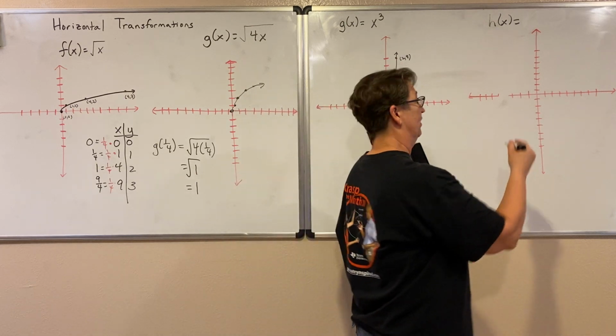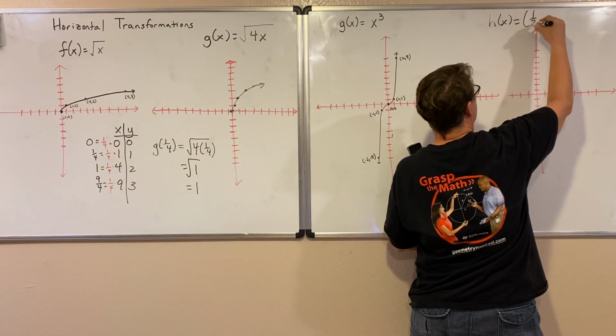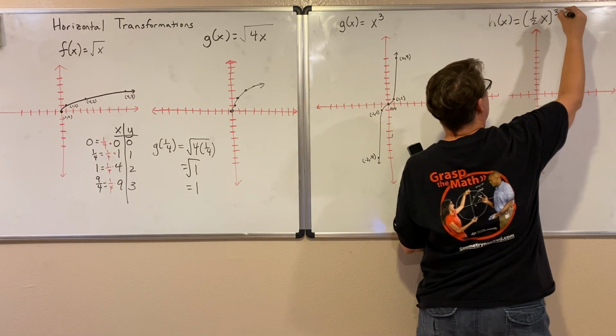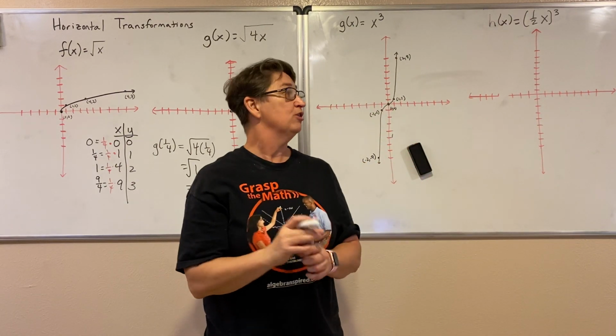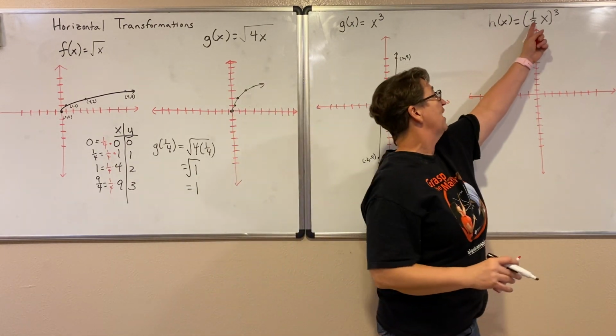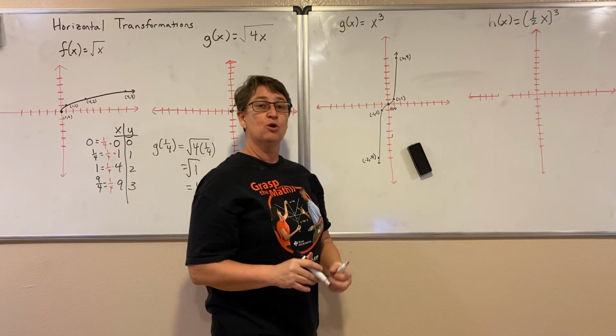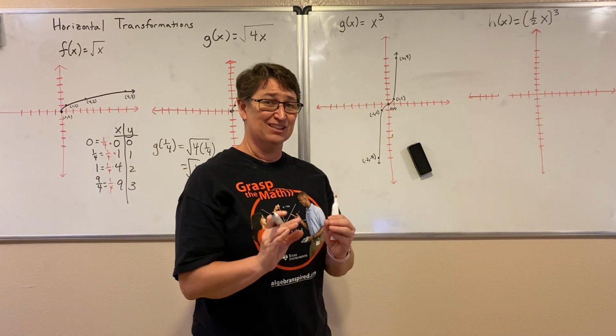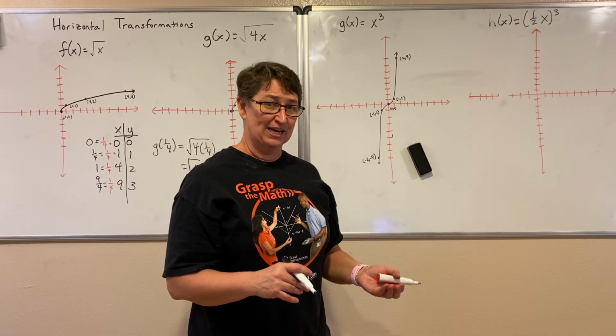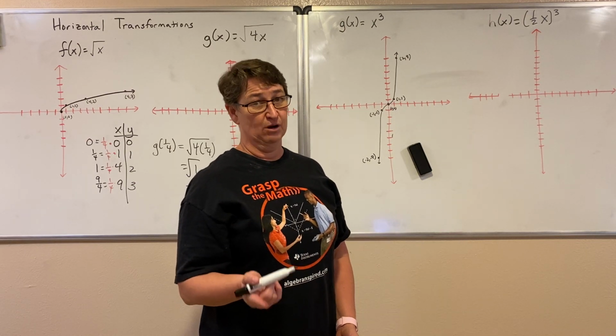Now let's graph this one. How about if I have 1/2 x, and I'm cubing that whole quantity there. So in other words, that 1/2 is inside the function, inside there with x. Well, again, because it's inside the function, it's going to affect your x values, but your x's are liars.